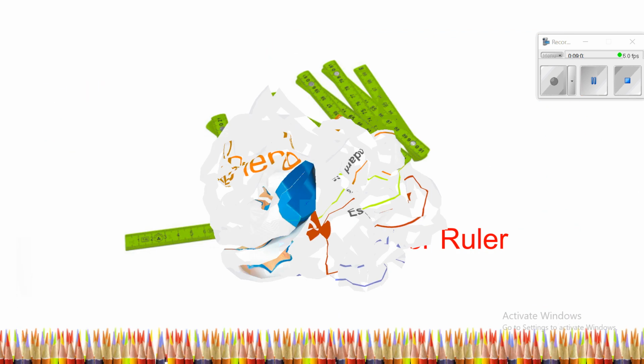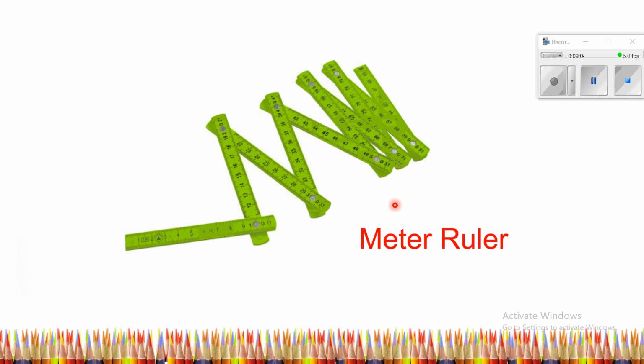Let's see now. As you remember, this is the meter ruler. Can you remind me how many centimeters are in 1 meter? Excellent. Each 1 meter equals 100 centimeters.